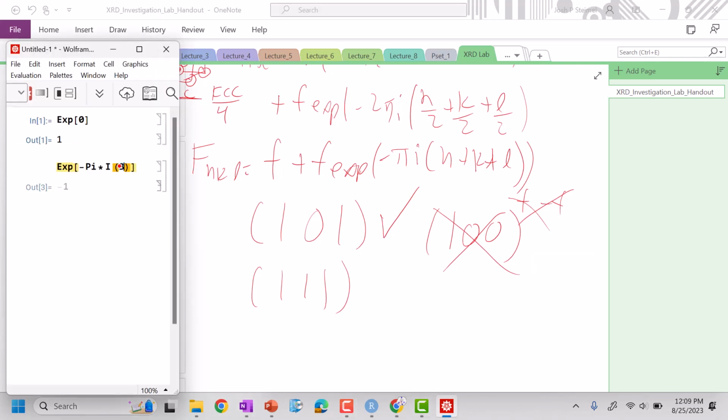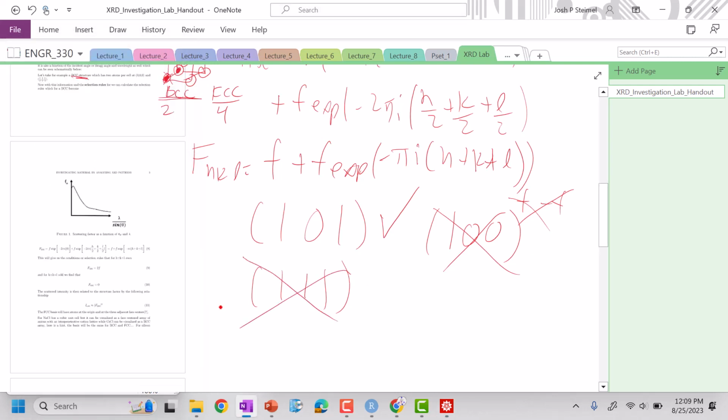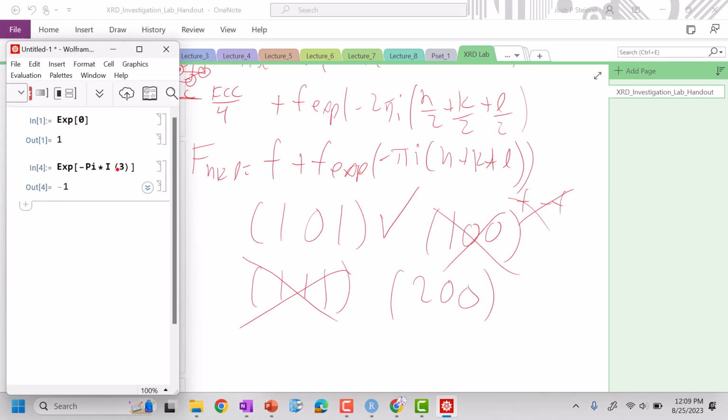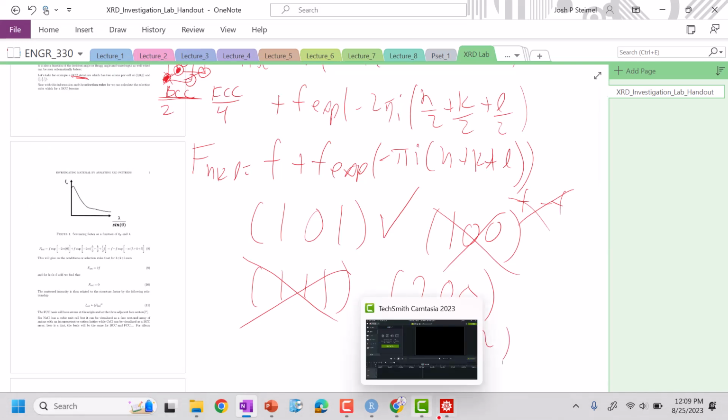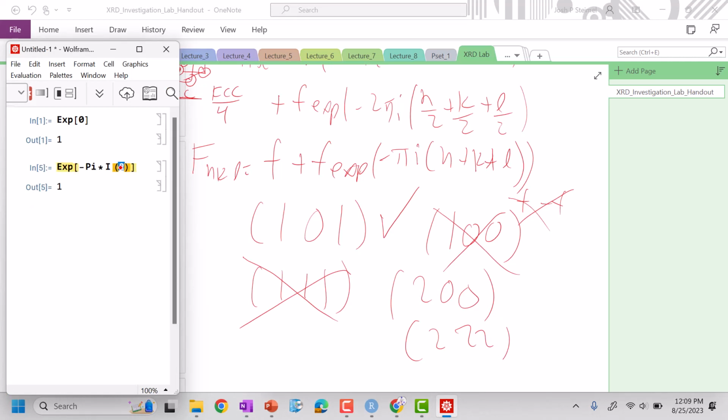That's not going to work either. What about 2, 0, 0? That works. What about 2, 2, 2? That's 6. That works. What about 5? That doesn't work. What about 7? So you start to see the pattern.